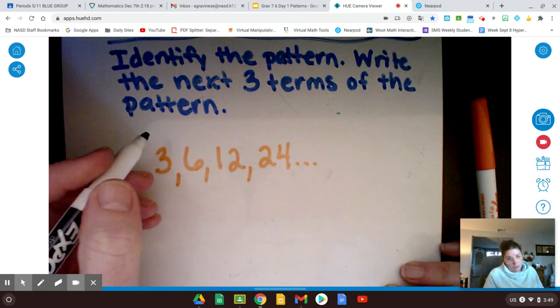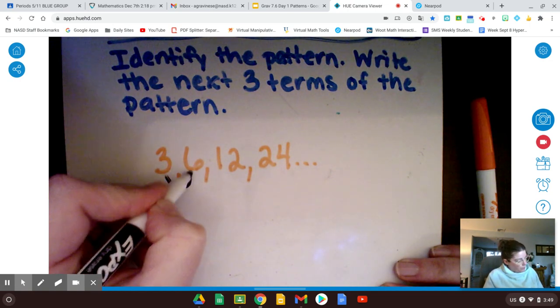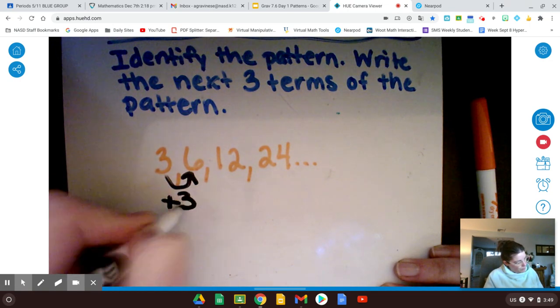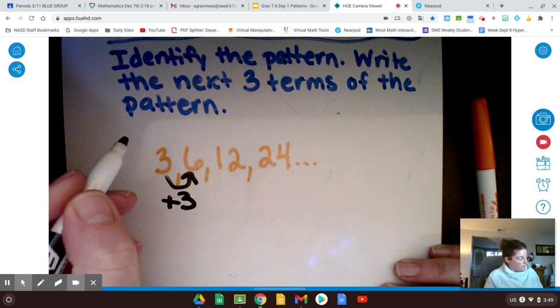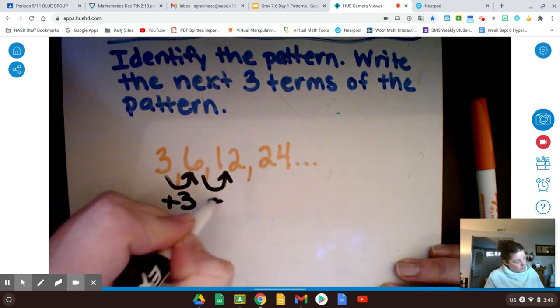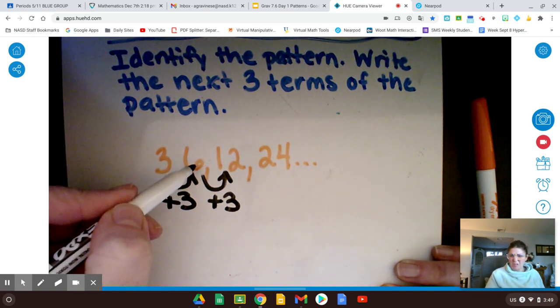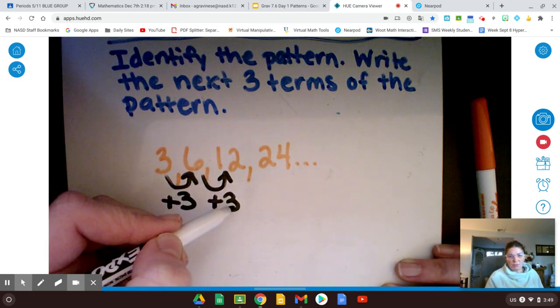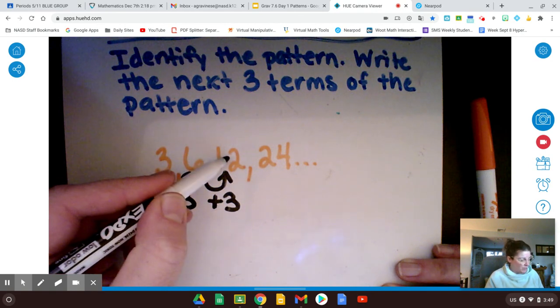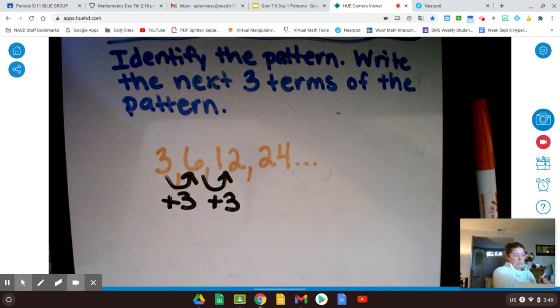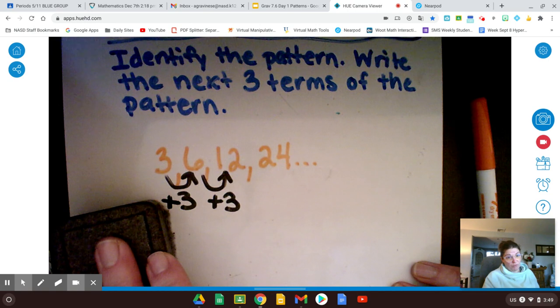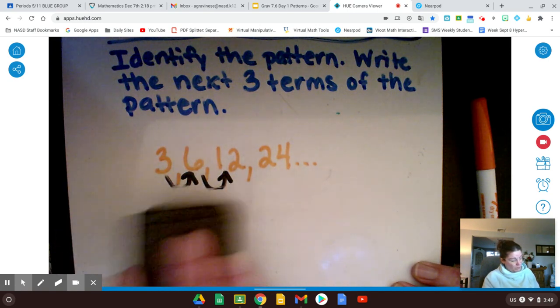I'm going to check, see if addition works. 3 plus 3 equals 6. Let's see. Is 6 plus 3 12? Well, wait a minute. No. 6 plus 3 equals 9. So plus 3 cannot be my rule. It worked the first time, but it didn't work again.